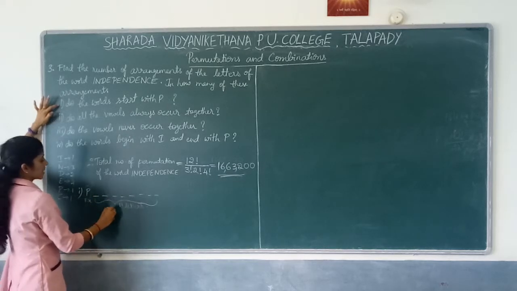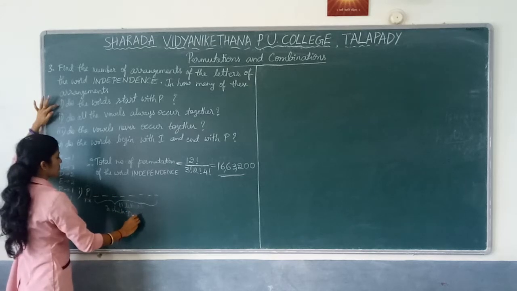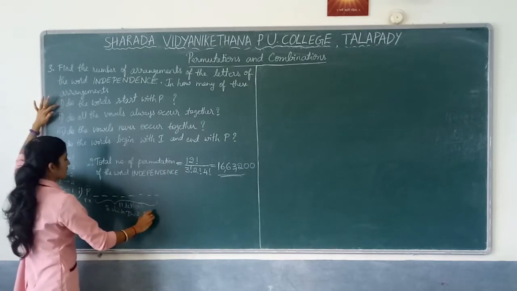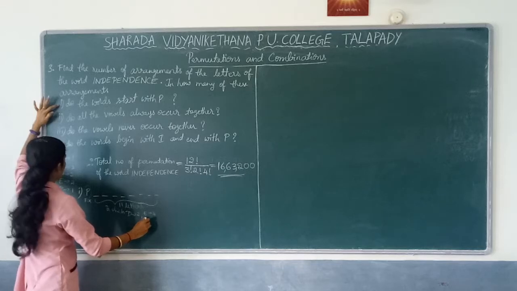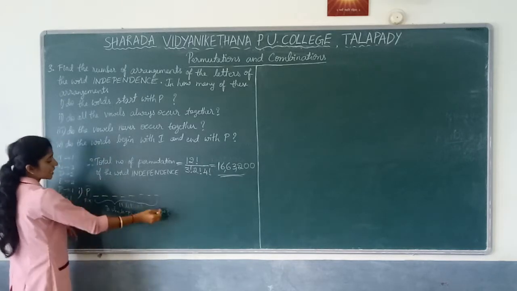So what is repeating? D is 2 times, E is 4 times, N is 3 times. So in this 11, these are repeating.